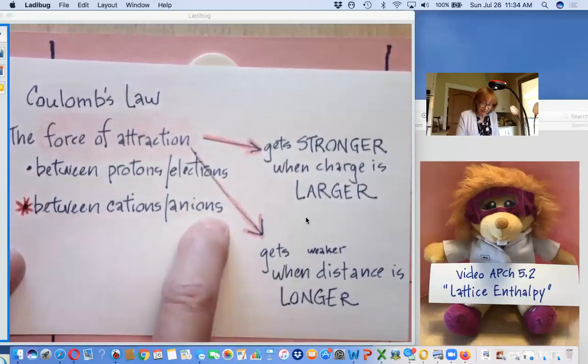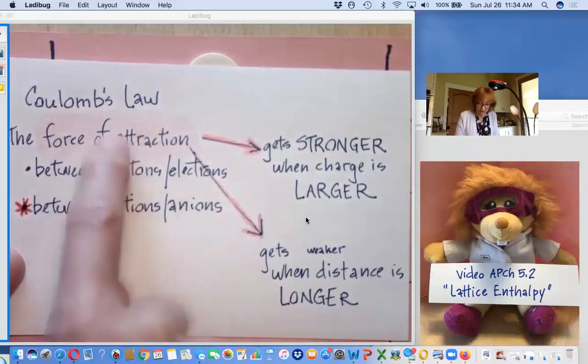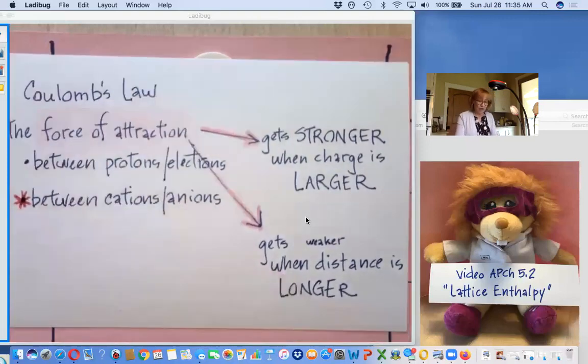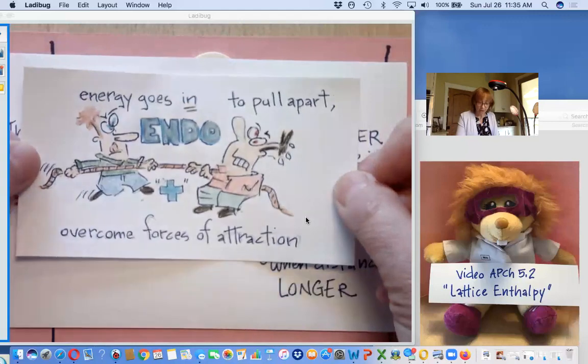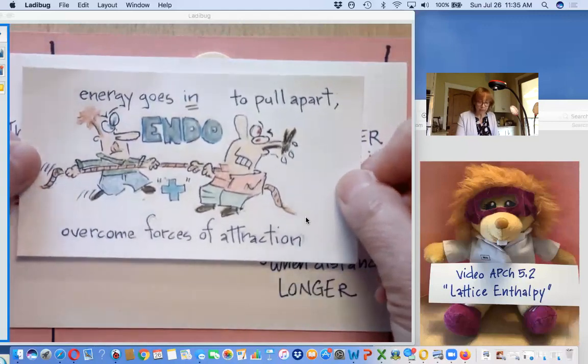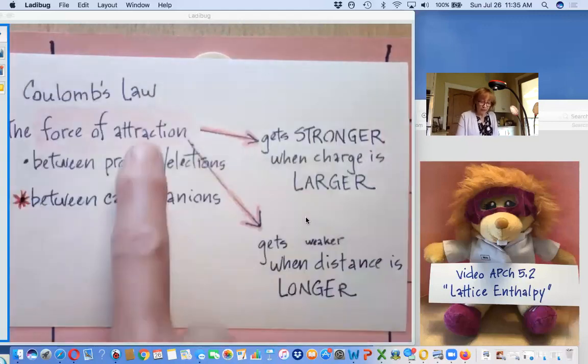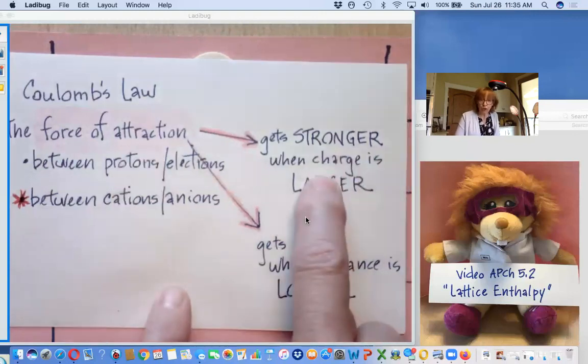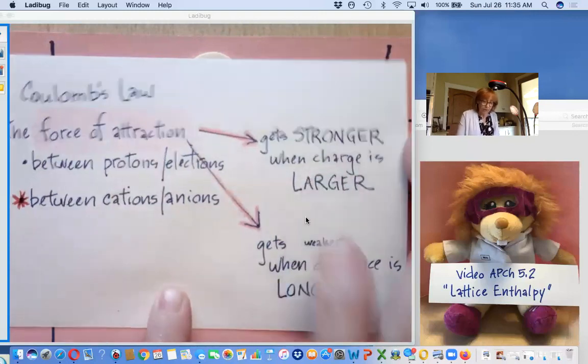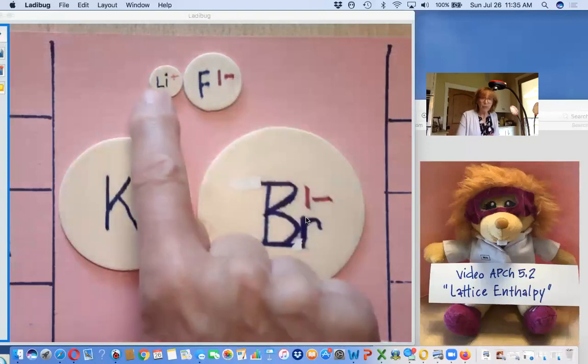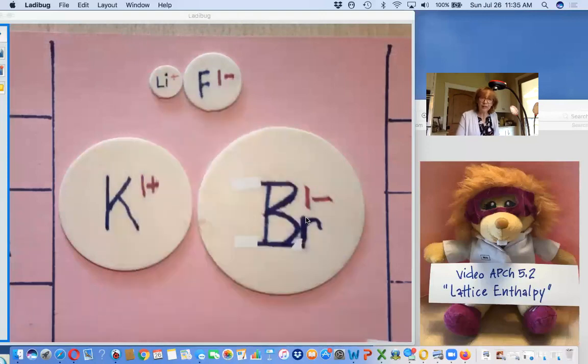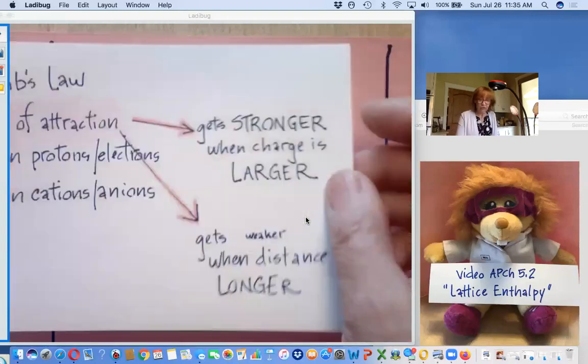So Coulomb's law tells us that the force of attraction that we are trying to overcome with lattice enthalpy gets stronger when charge is larger. In lithium fluoride, I have +1, -1. In potassium bromide, I have +1, -1. So no difference in the charges there.